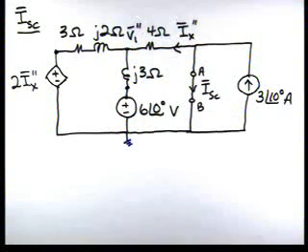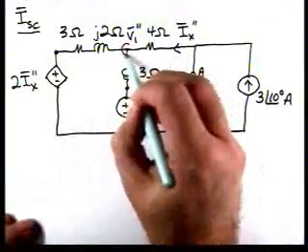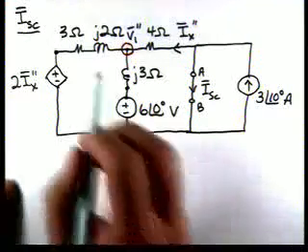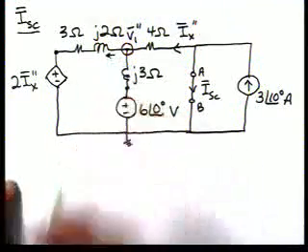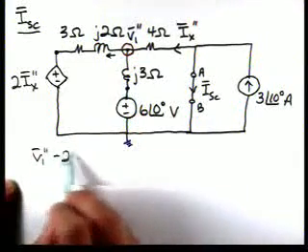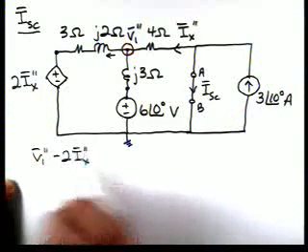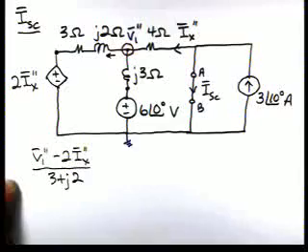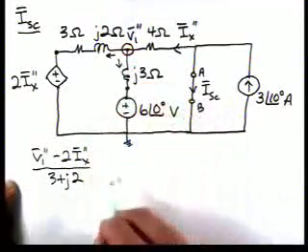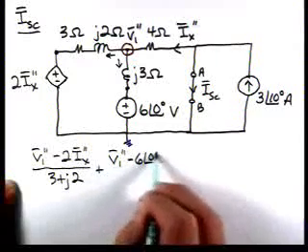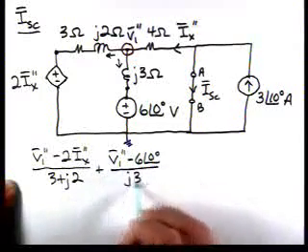Let's apply KCL at this node to generate our single nodal equation. So we'll look at the current this way. We'll have V1 double prime minus 2 IX double prime over 3 plus J2. The current through here, we'll have V1 double prime minus 6 at angle of 0 over J3.